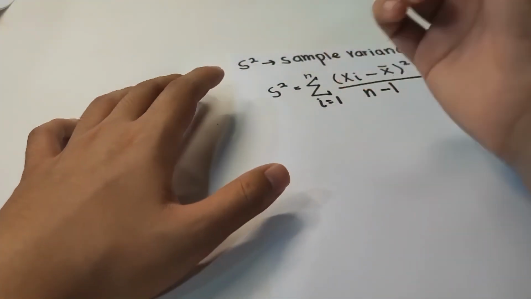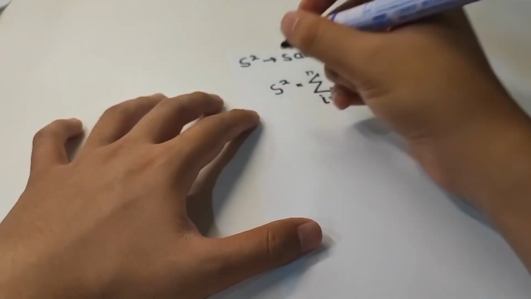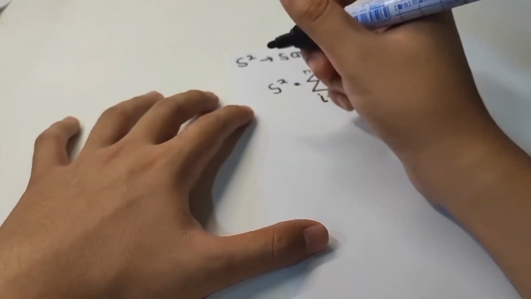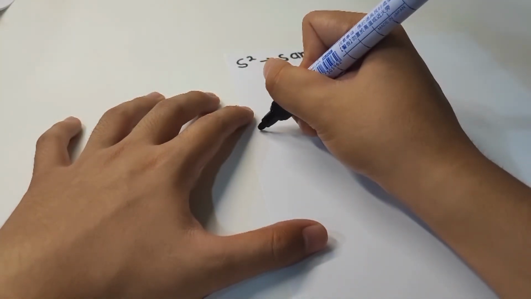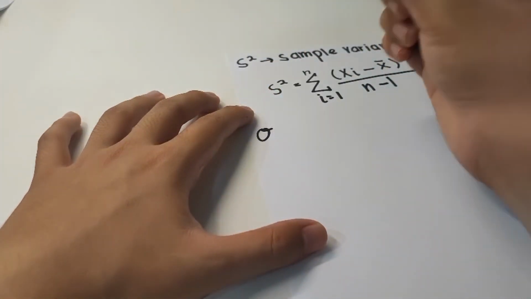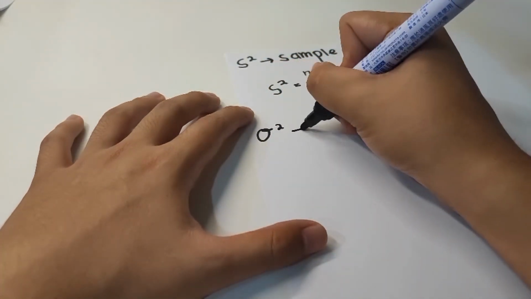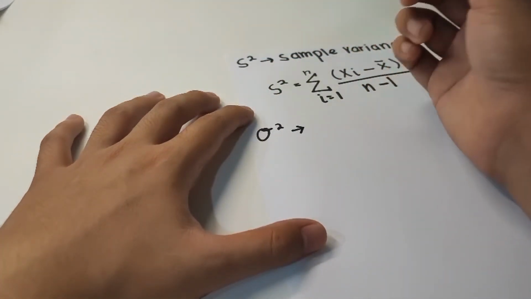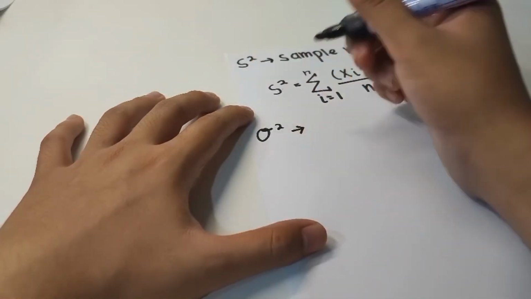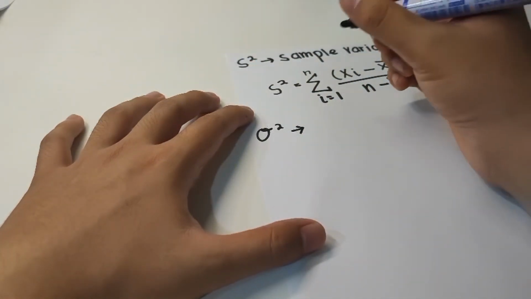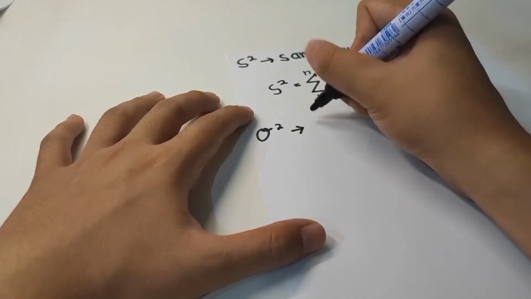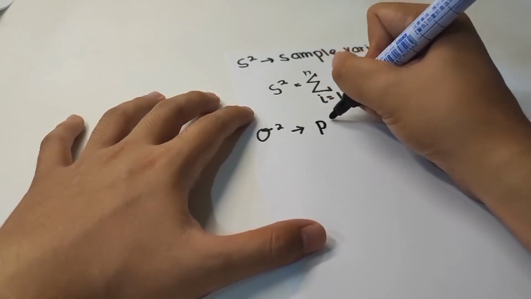Now, what about population variance? For population variance, we have sigma squared. This is the symbol for population variance.